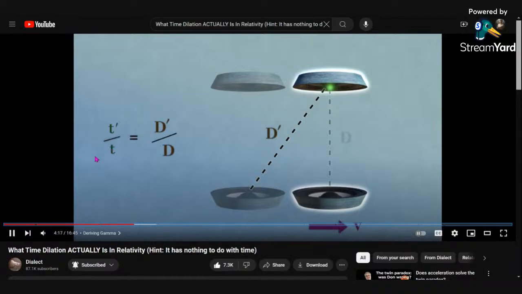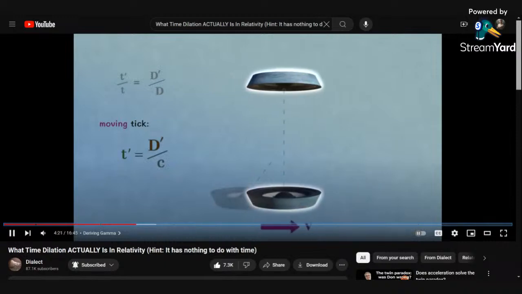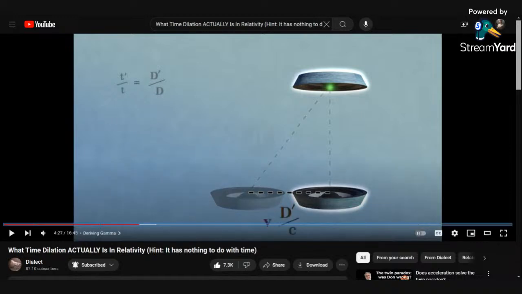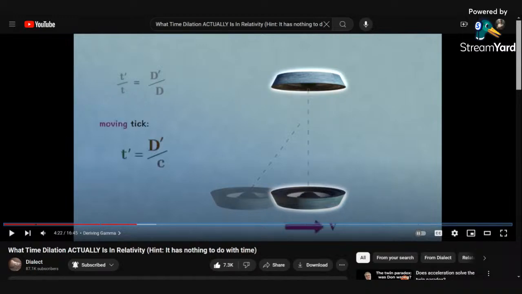We next note that in the time d prime over c that it takes the moving clock to tick, the clock itself will have traversed a distance v times d prime over c. Why is that? What is d prime? D prime over c is t prime.